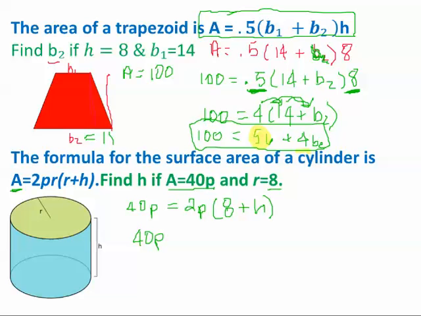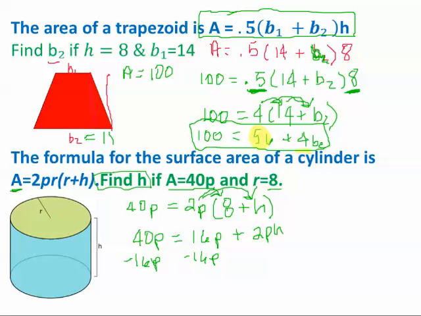40P, and again, I have to do the distributive property to get 16P plus 2PH, and that's this multiplication right here. I need to solve for H, so I need to get rid of 16P on both sides. How do I know I'm solving for H?